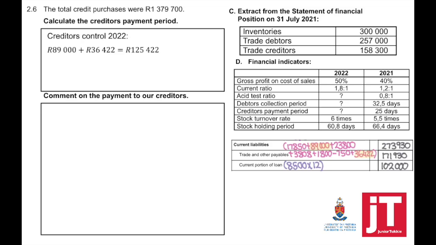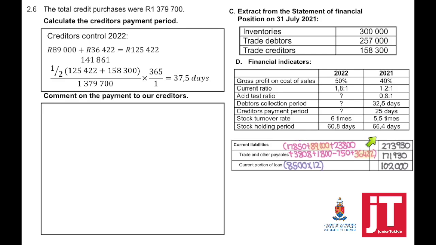So the first step is to work out your creditors control. You can't just take the trade and other payables figures. Your creditors control is the 89,000 plus the 36,422. That was from the list of balances given, and this was the credit purchases of trading stock which was not yet recorded.